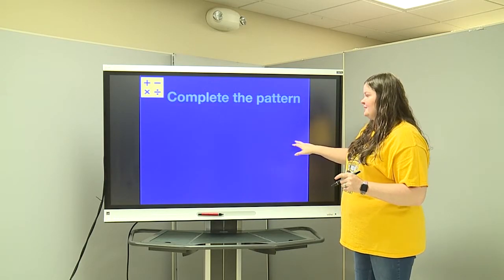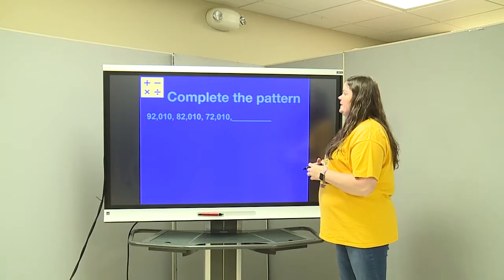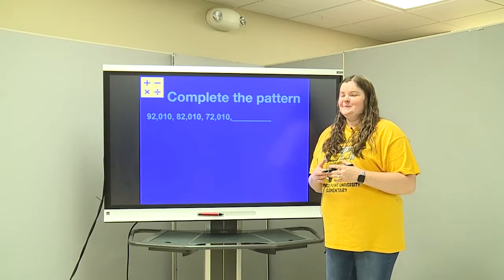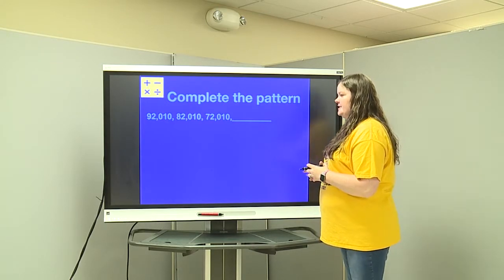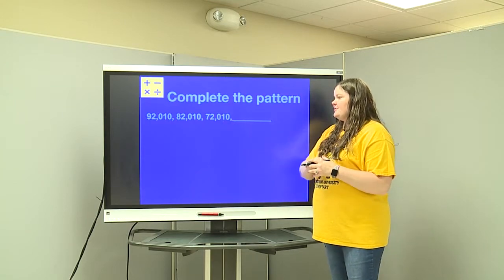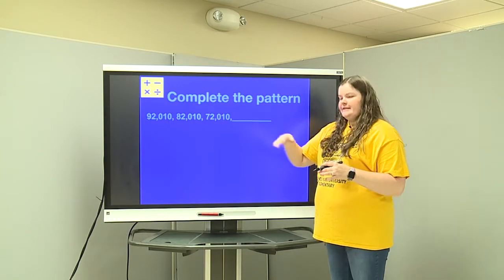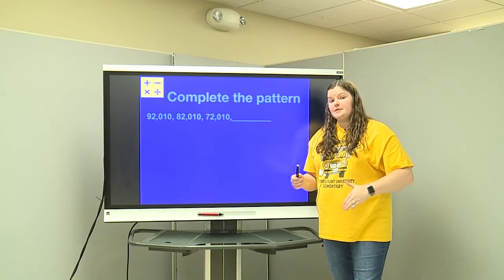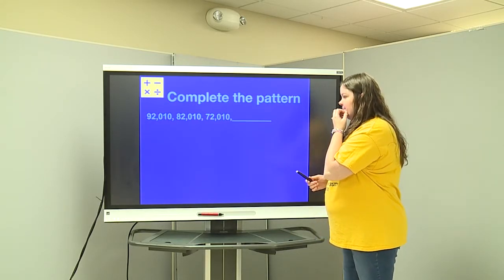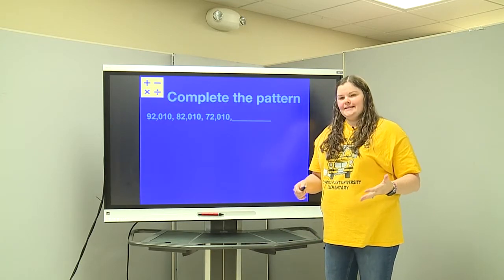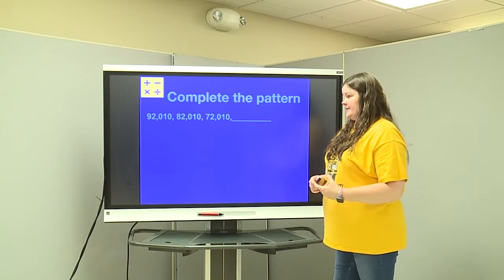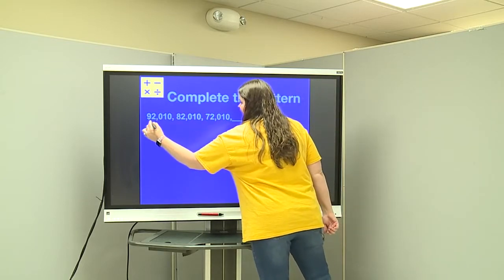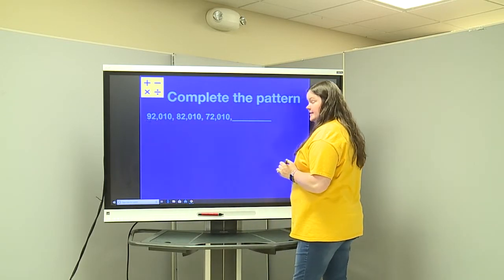All right, this is also from the previous lesson: complete the number pattern. So we have 92,010, 82,010, 72,010. If you notice, the numbers are getting smaller each time. But I need to figure out what place value is changing each time. So I'm starting with a 9 in the 10,000s place.